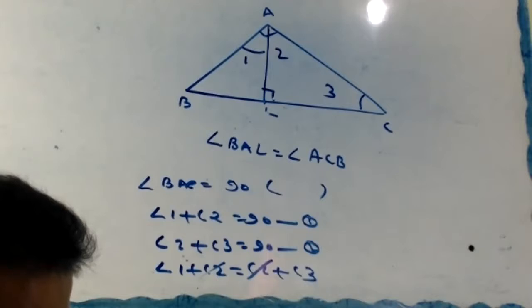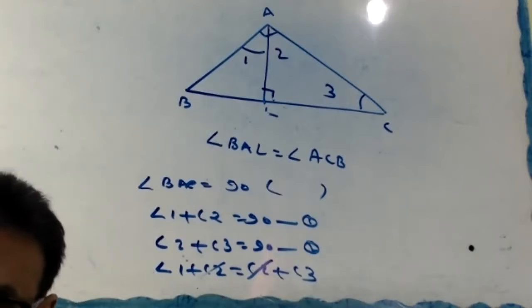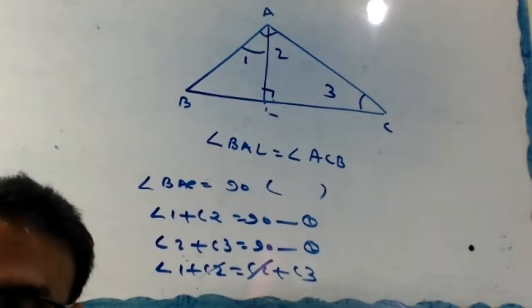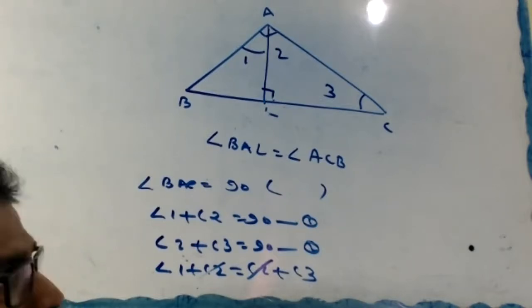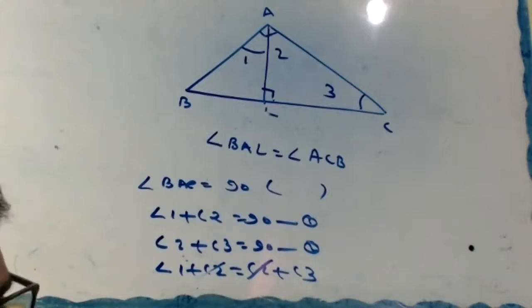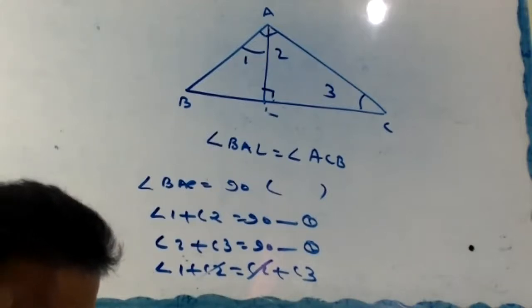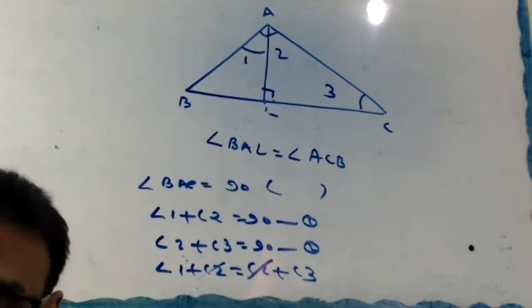Given: in triangle ABC, angle A is 90 degrees.